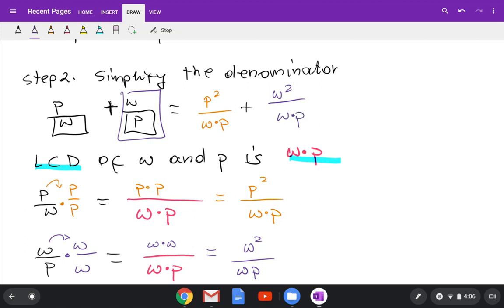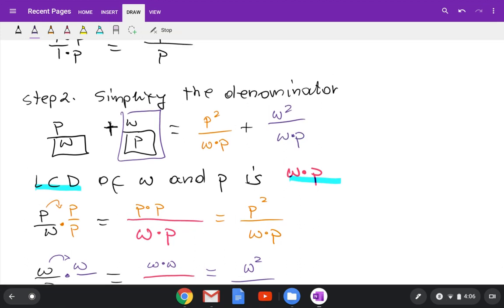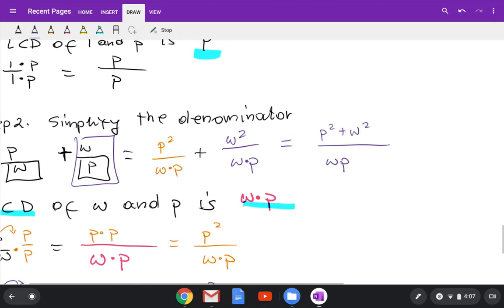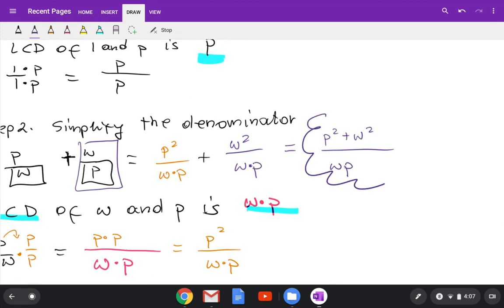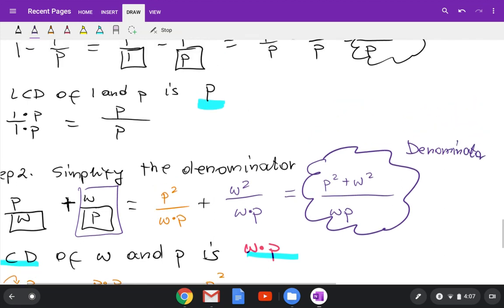Okay, so now we can add those fractions together. We have a common denominator, which is W times P, and we add the numerators together. So you have P squared plus W squared. This part right here is our denominator of the original complex fraction.